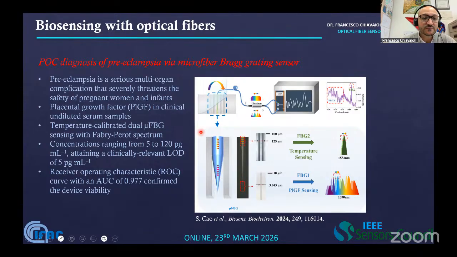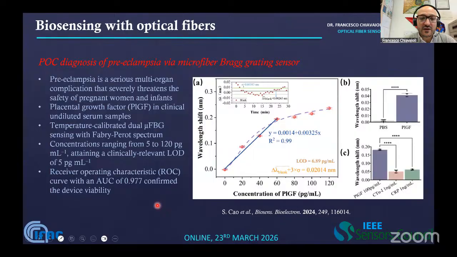With this device, we tested using samples from patients, and we can first retrieve the calibration curve, from which we get a detection limit which is far below what is needed for the early detection of placental growth factor to avoid preeclampsia.